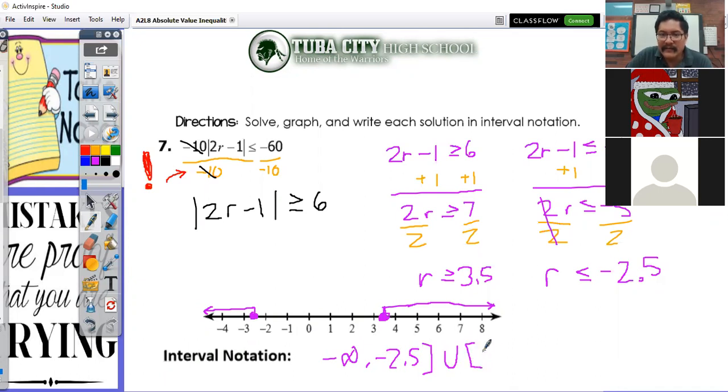And then from here, we got 3.5 included to infinity. So I knew there were going to be brackets in there, but we didn't know if it was going to be an and or an or statement. So in this case, it is an or statement because they're not joined, they're not together. So again, an or statement means that it's going to be either this side or that side, whereas an and statement means it has to be both of them.